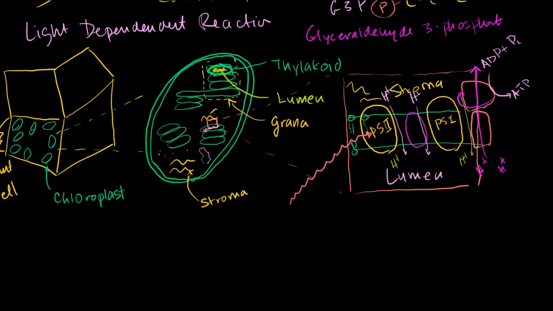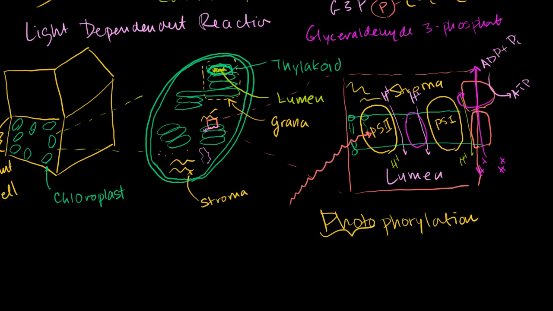But this process that I just described is called photophosphorylation. Why is it called that? Well, because we're using photons. That's the photo part. We're using light, using photons to excite electrons in chlorophyll. As those electrons get passed from one electron acceptor to another, they enter lower and lower energy states.